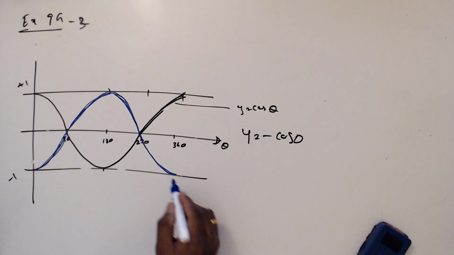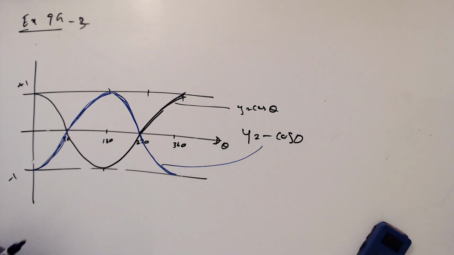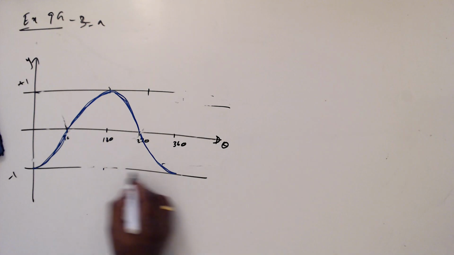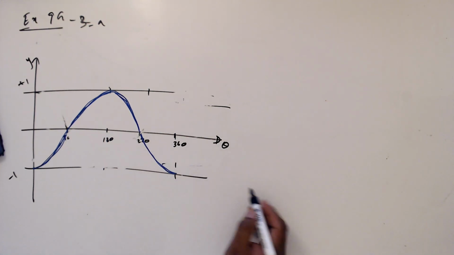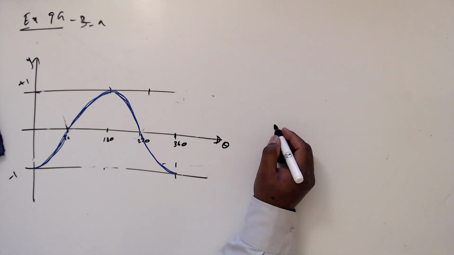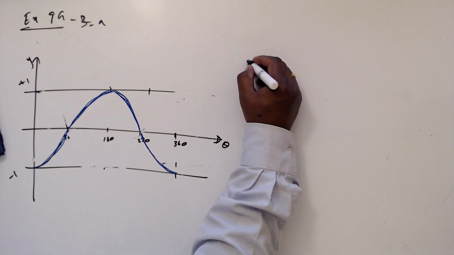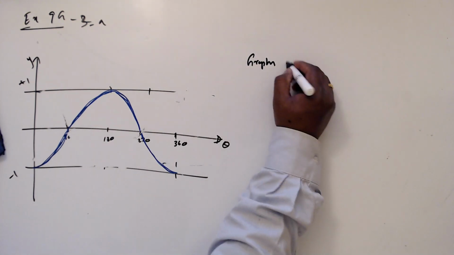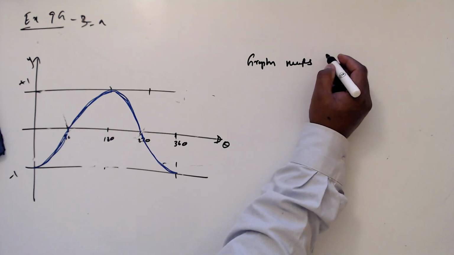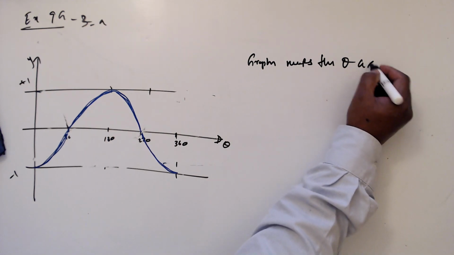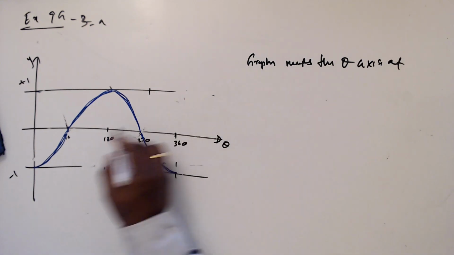This is y equal minus cos theta. So the graph crosses or meets the theta axis at this point.